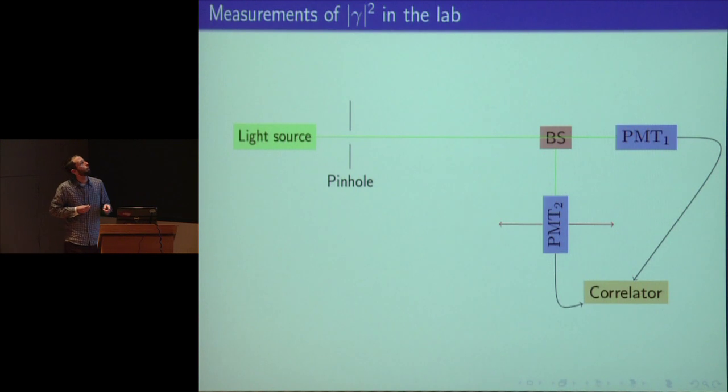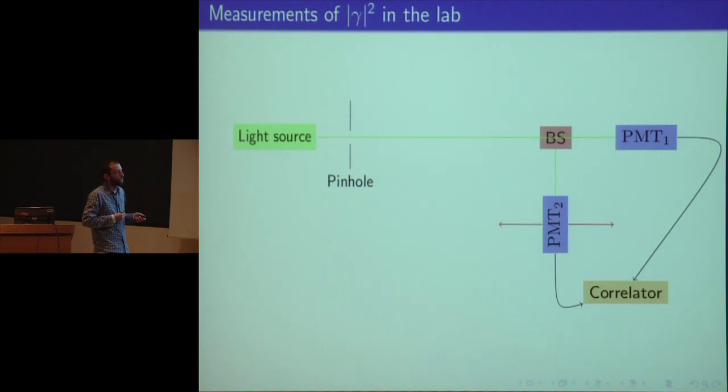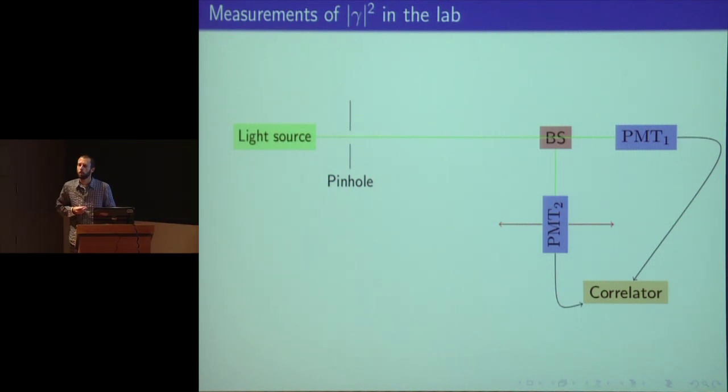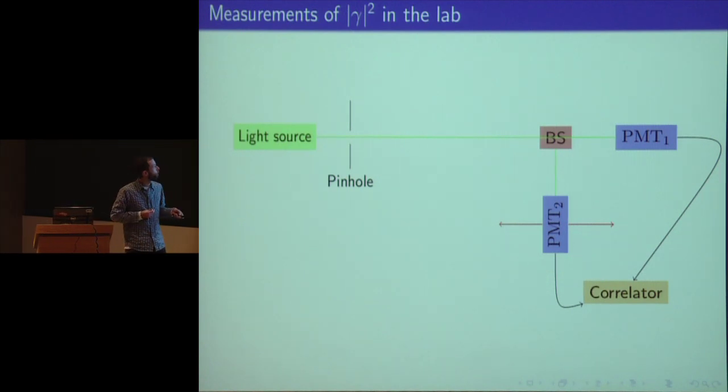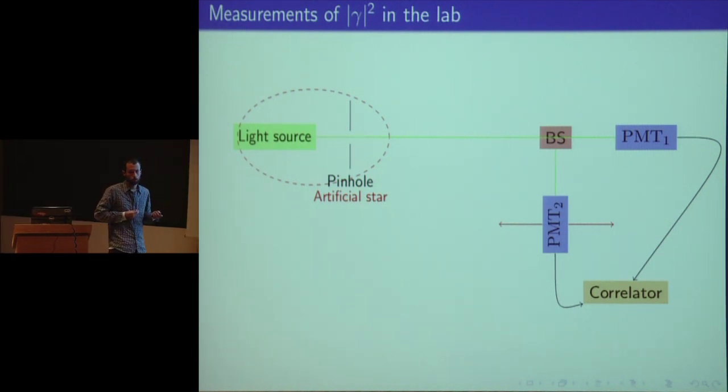In addition to this, we did a little bit of lab work to replicate some of the Hanbury Brown and Twiss original experiments, but with more modern equipment. So you have your light source that shines light on a pinhole, and this is essentially your artificial star. You need an incoherent light source, like a thermal light source, for instance.